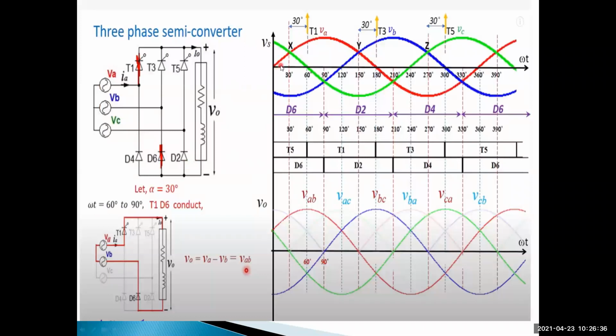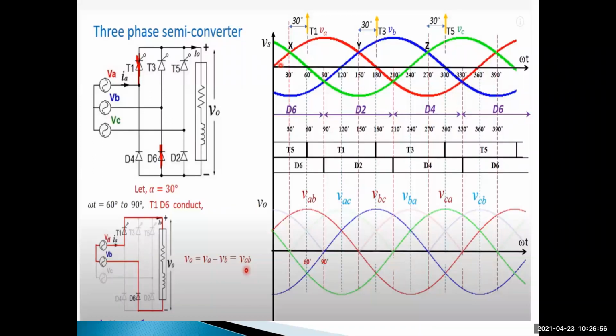Triggering is not possible below 30 degrees. That is why the triggering angle must be pi by 6 plus alpha; then only the operation is possible.